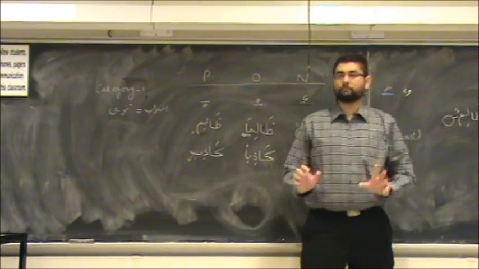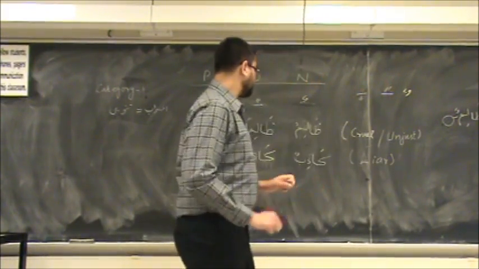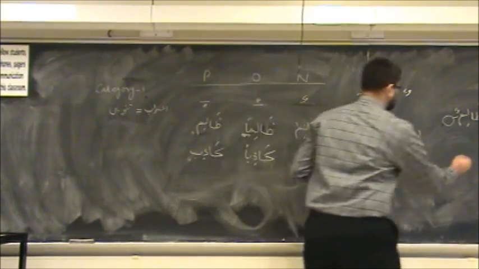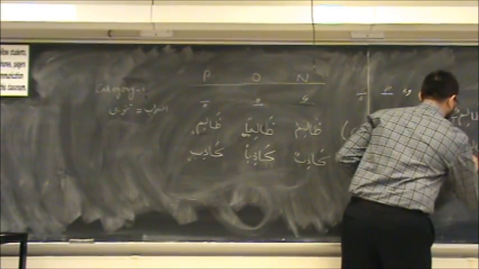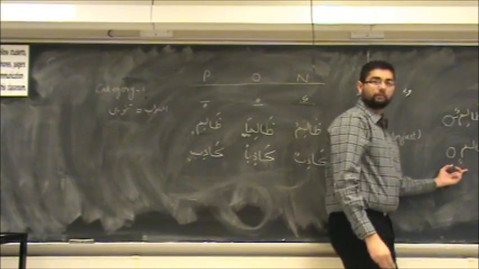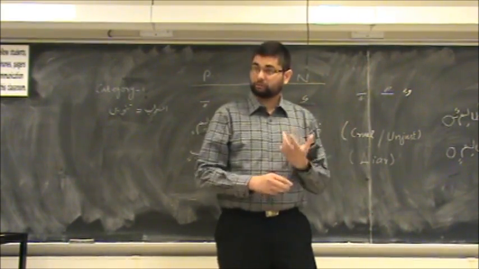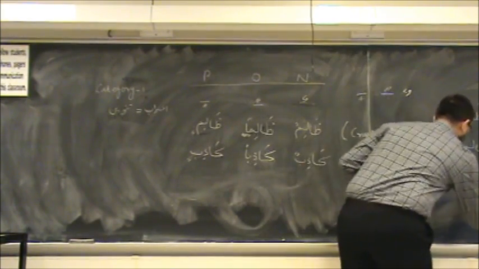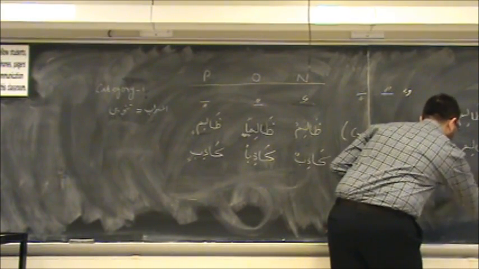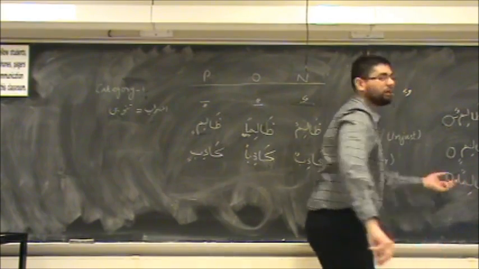So we say zalim. And similarly, if it is this, we'll say zalim. But in case of objective case, we write it like this, so that we could say zalima.